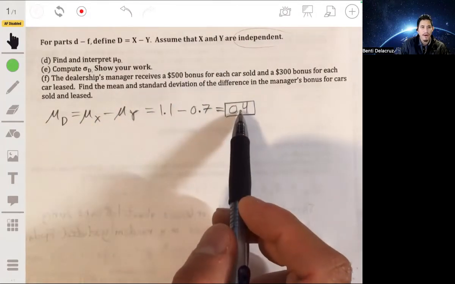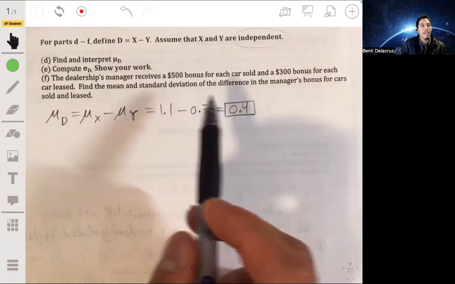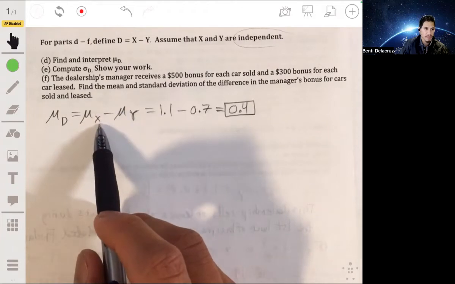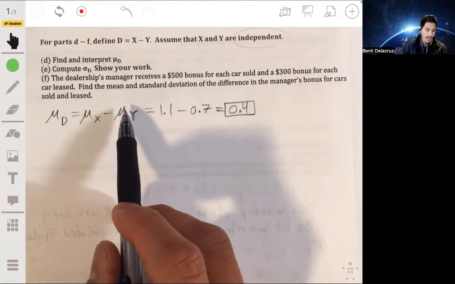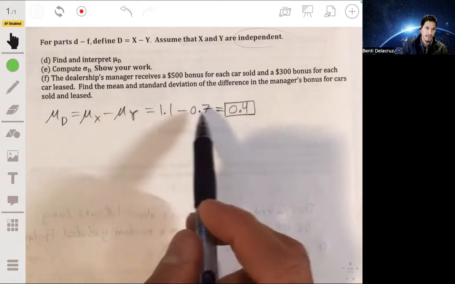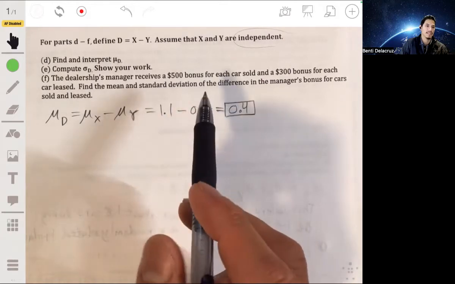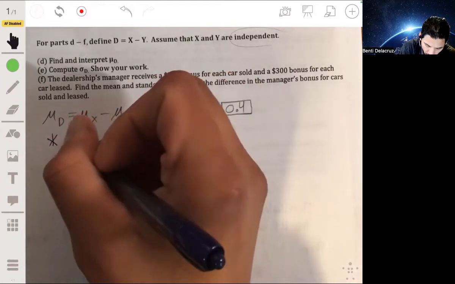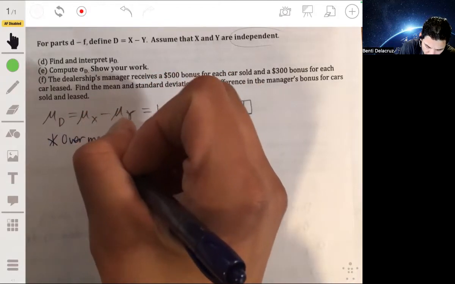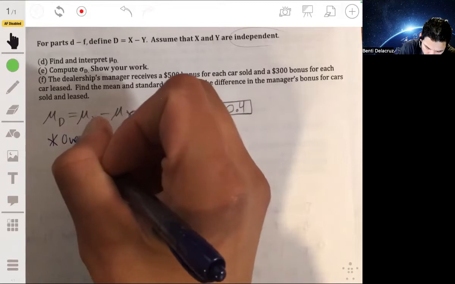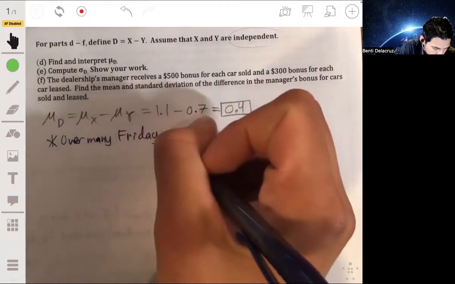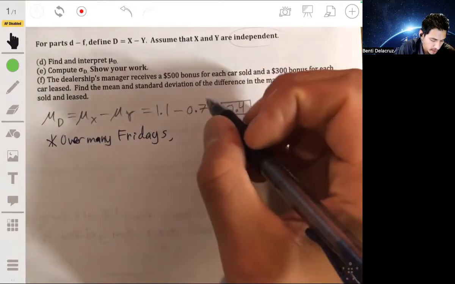So this means there are about 0.4 more cars sold than leased on average, because again, it's positive. Then we just say that in context, very formally. So we say over many Fridays, the dealership sells about 0.4 cars more than it leases.